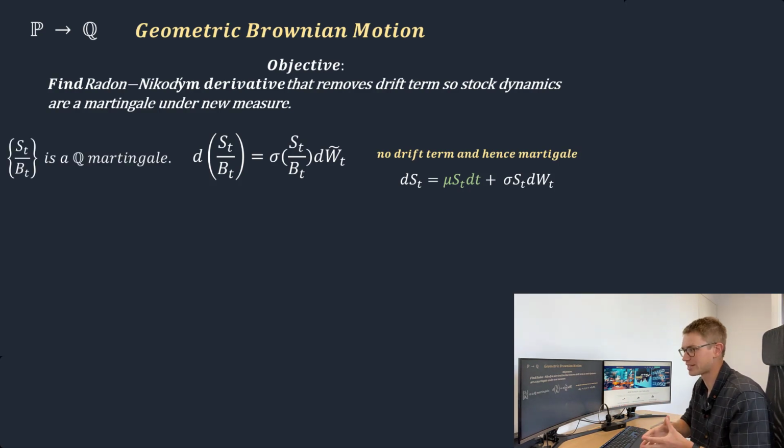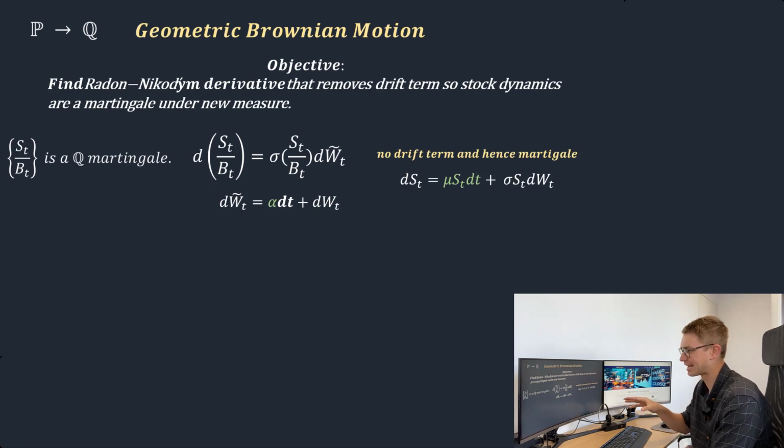So we can safely say that ST over BT is a Q martingale because it's normally distributed and the expectation stays the same. The expectation of that ZT measure that we've just found, that Radon-Nikodym derivative, is actually equal to 1. Just highlighting that even further, we've got our transformation that we've made to that WT term.